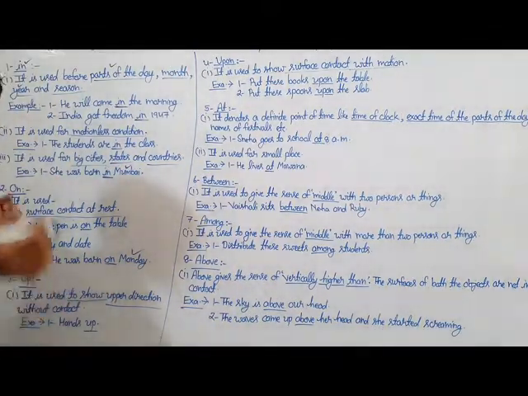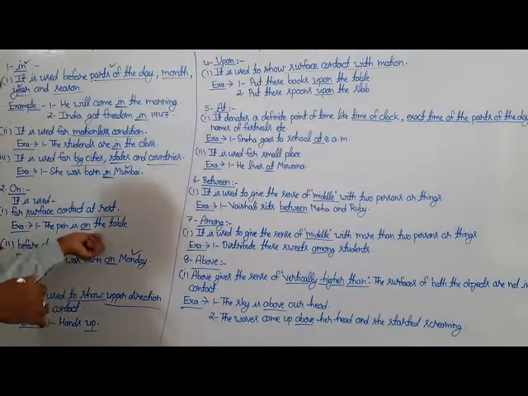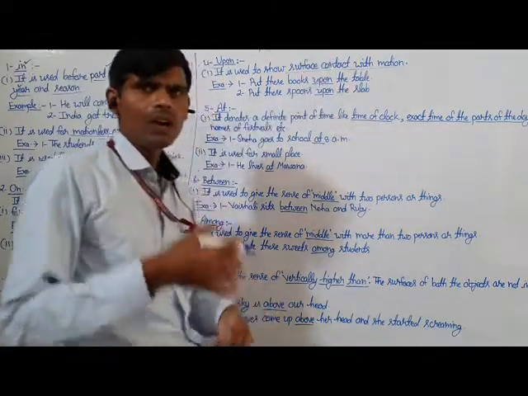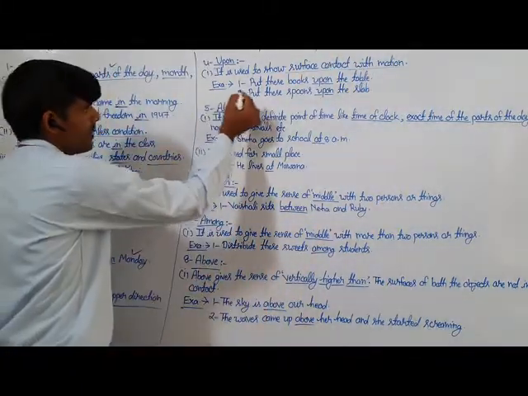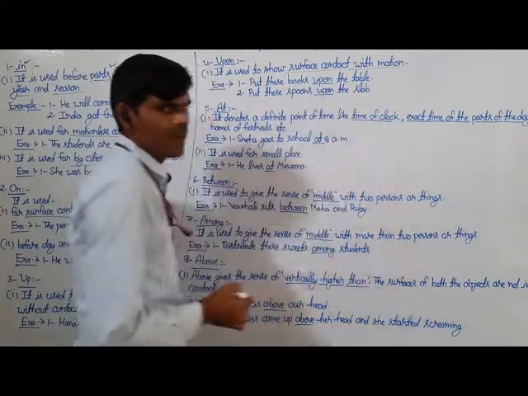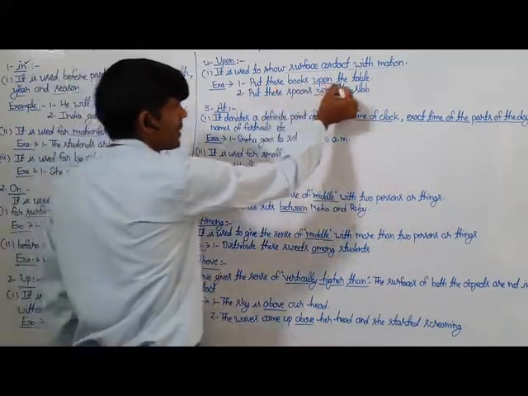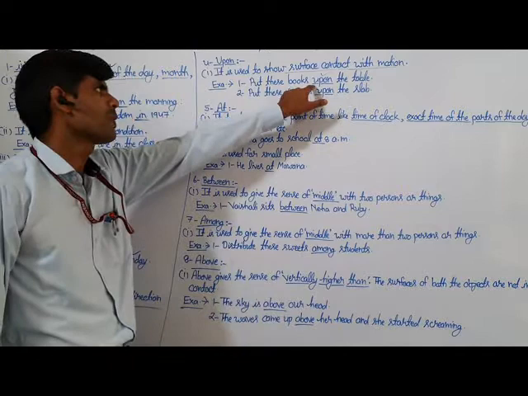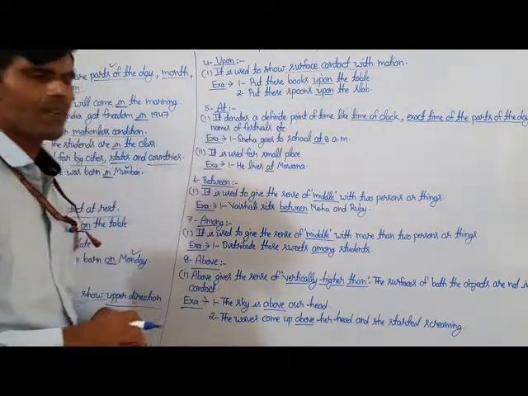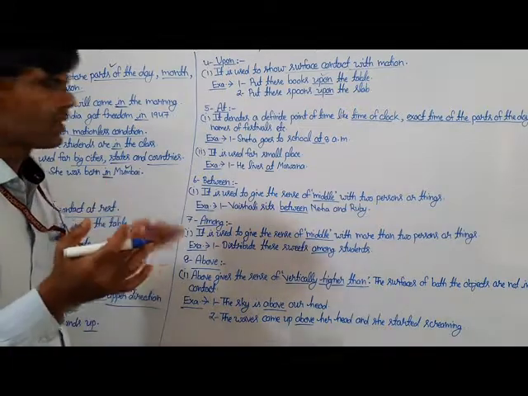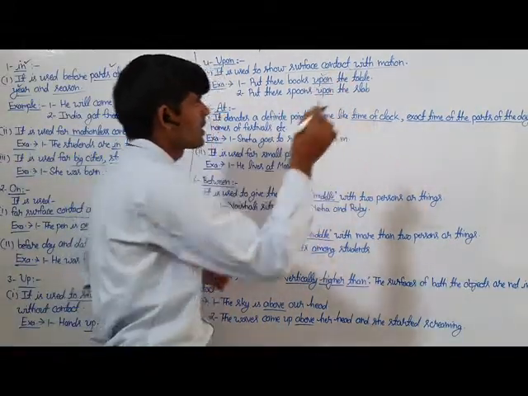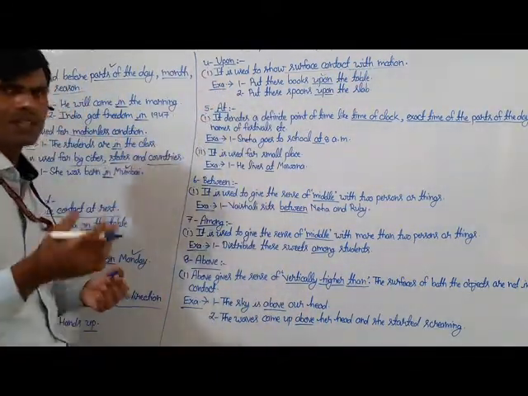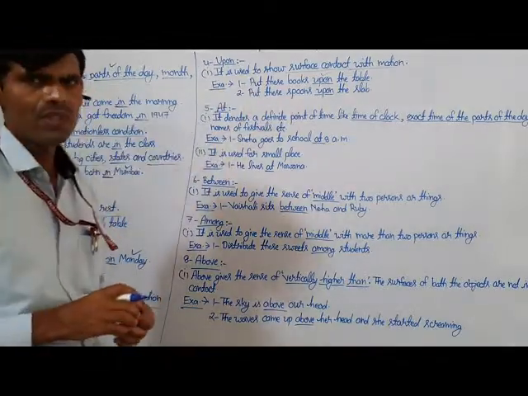For example: Put these books upon the table. Here the underlined word upon is the preposition which is used to show the surface contact of the books with the table with motion. So we can say that upon is the preposition which is used to show surface contact with motion.